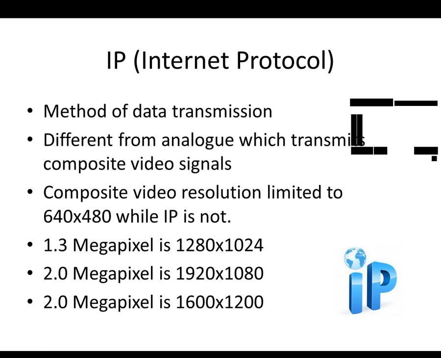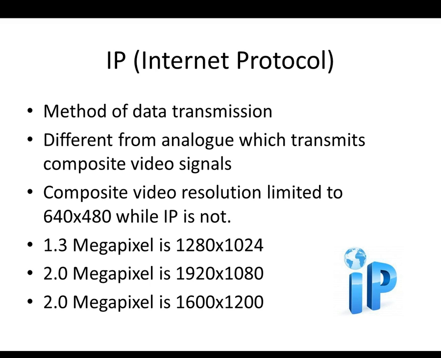So IP basically stands for Internet Protocol. It's a method of data transmission. It's a lot different from analog, which transmits composite video signals. Composite video resolution is limited to 640 by 480, while IP is not.